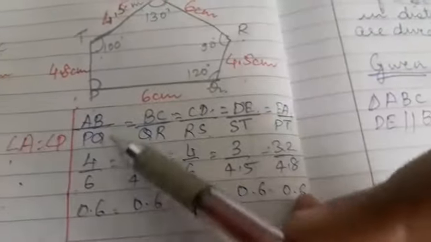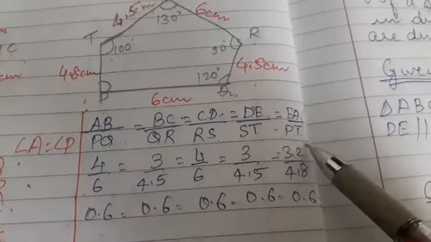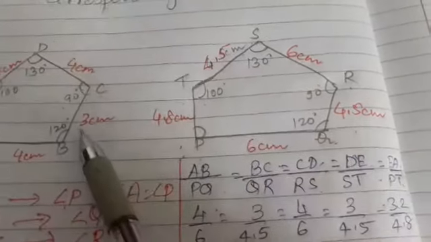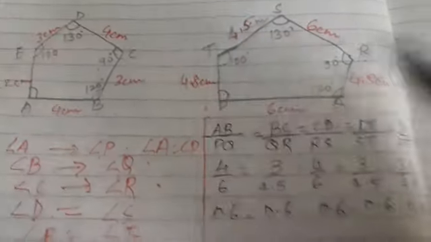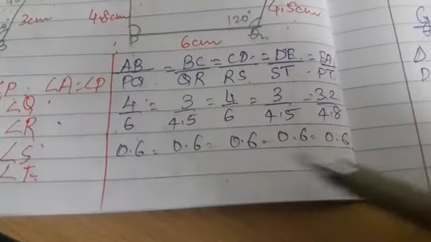So these are the five corresponding sides, and they are in the same ratio. The sides given are 4 upon 6, 3 upon 4.5, then 4 upon 6, 3 upon 4.5, and 3.2 upon 4.8. When we find the ratio of these, we get 0.6. That means they are the same.